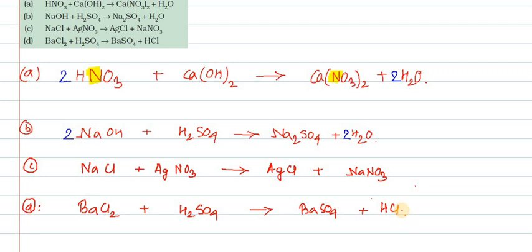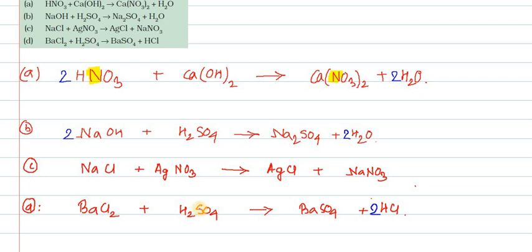Now in this equation let us balance the elements. Let's start with barium. On the left hand side we have one barium, and on the right hand side also one barium, so barium is balanced. Now chlorine, on the left hand side we have 2 chlorine, but on the right we have only 1, so let's put 2 here, so chlorine is also balanced.